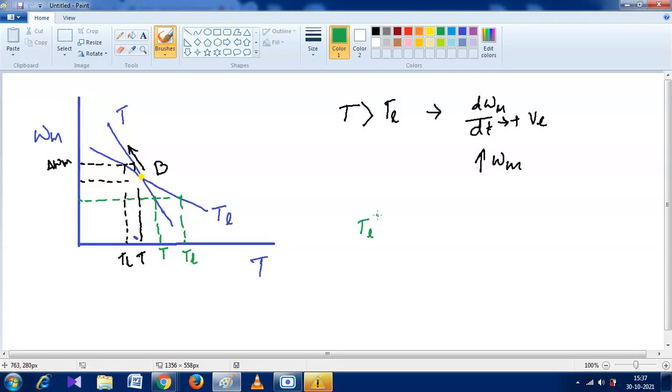TL. So what is the sign of d omega/dt at that time? Negative. That means the speed will decrease. If the speed decreases, will the motor go back to the B point or go away from B point?